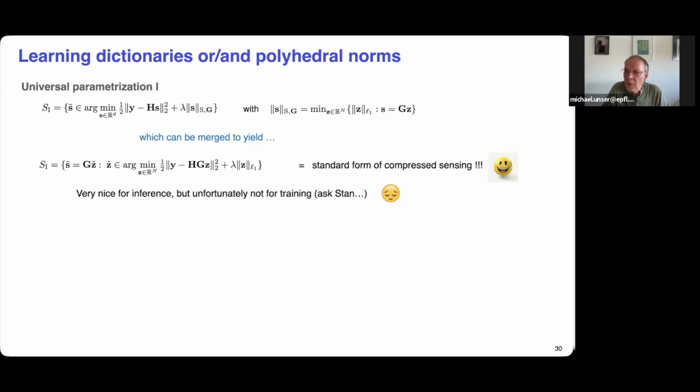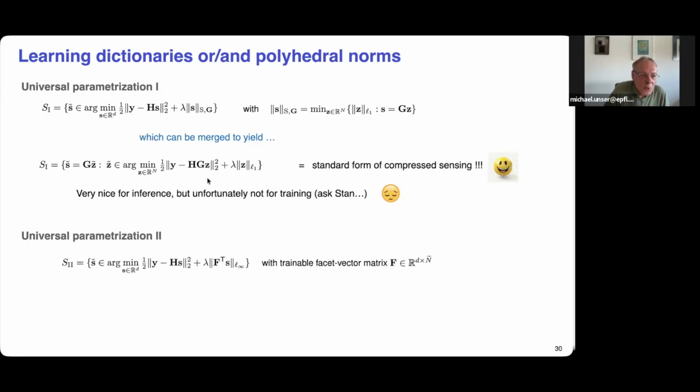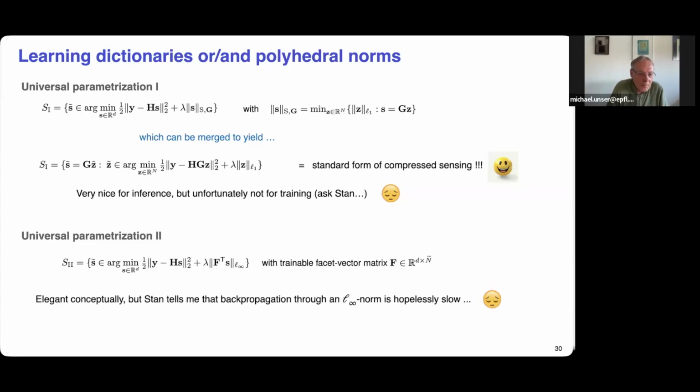Okay, so we say, forget about L1, let's go to L infinity. This looks very classical, except here we have an L infinity norm instead of L1, but our theorem tells us this is universal, so why not? And now let's try to learn here.